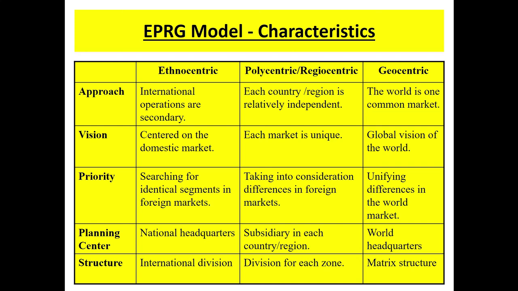For planning, national headquarters for ethnocentric, subsidiary in each country for polycentric, and world headquarters for geocentric. In terms of structure, ethnocentric has an international division. For polycentric, there is a division for each zone. And for geocentric, there is the so-called matrix structure.